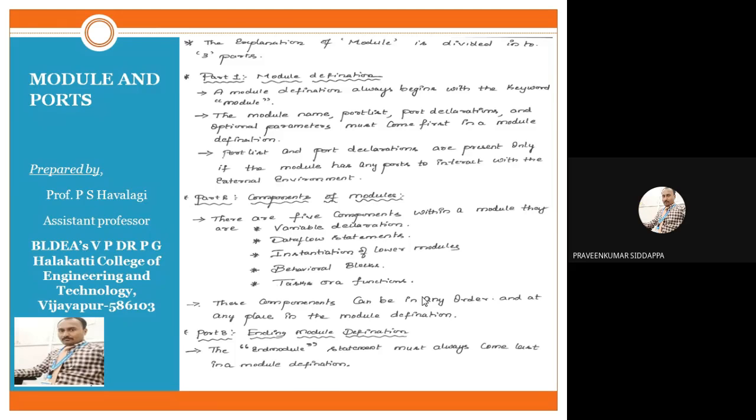Within the components of the model, there are 5 components. The first one is variable declaration. When should we go for variable declaration? In some programs, we have declared some variables and with the help of those variables we have written the programs. But those variables are not used in the model definition.